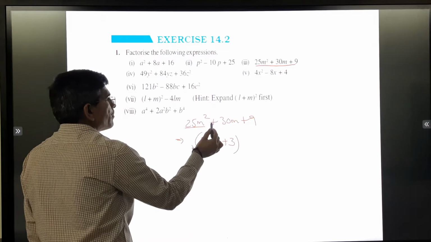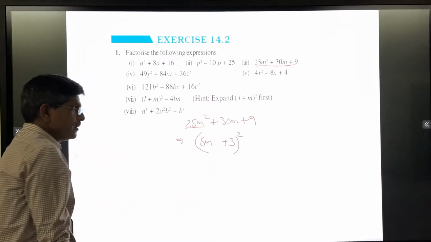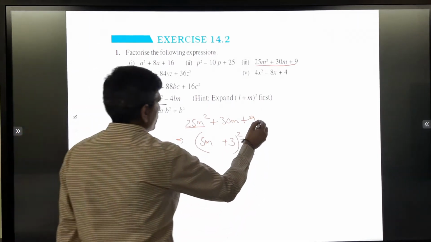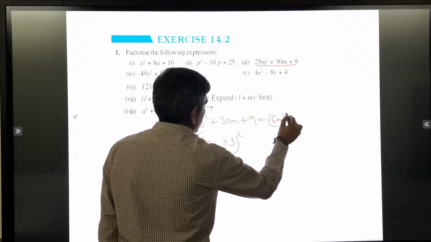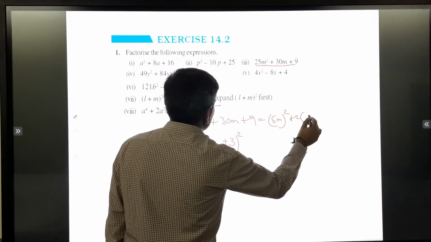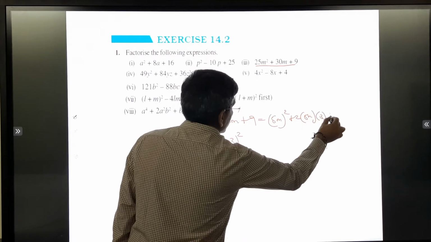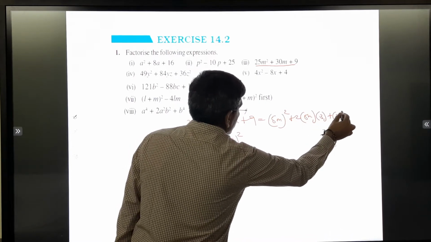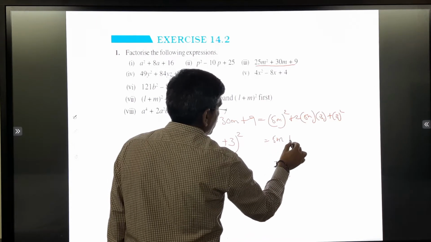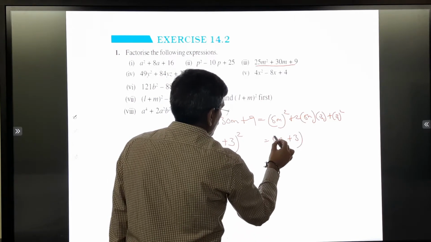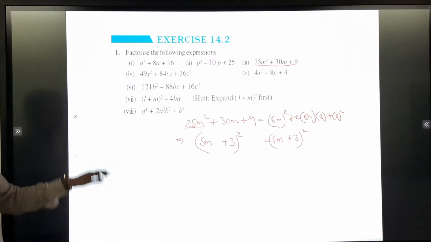Since there is a plus sign in between, I write plus 3 and whole squared. Now if I write in the proper way, it is 5m whole squared plus 2 into 5m into 3 plus 3 squared. So that is why 5m plus 3 whole squared. Both answers are correct.